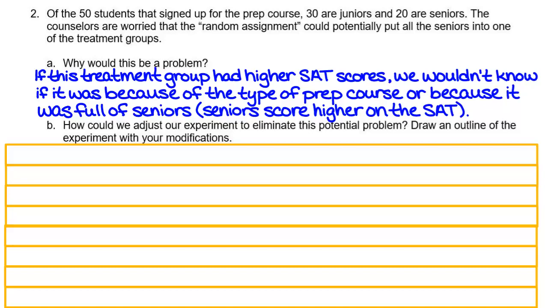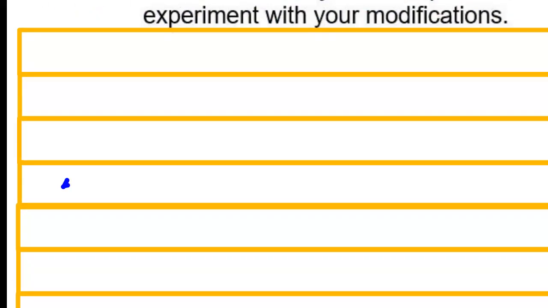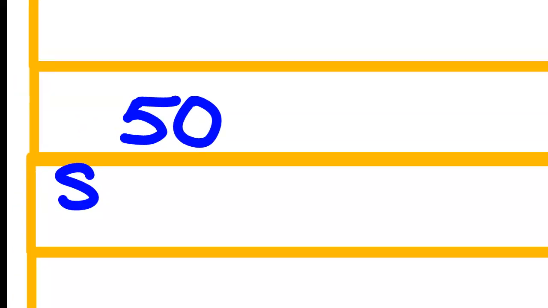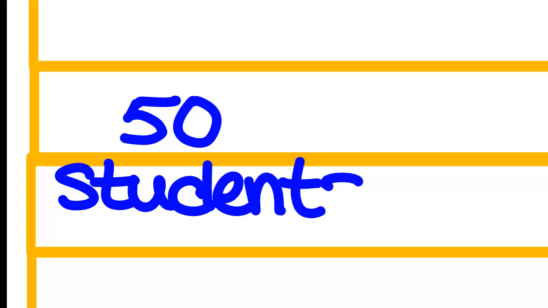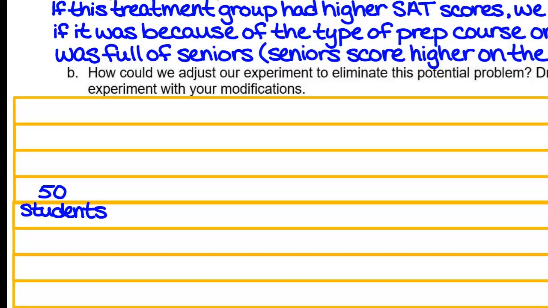No, I still have 50 students. Do I want to take all 50 of those students and randomly assign them? No, I'm worried that grade level, age, could be an issue here.